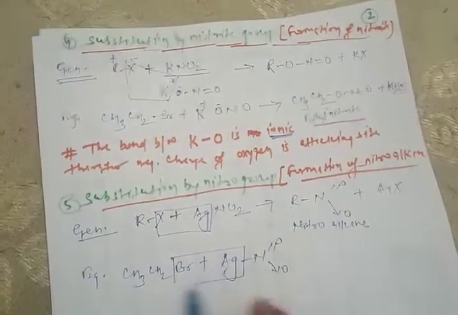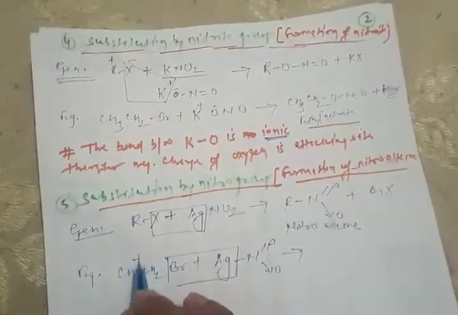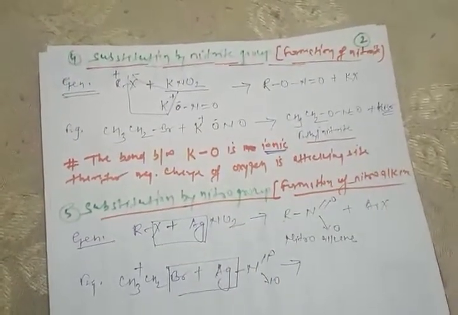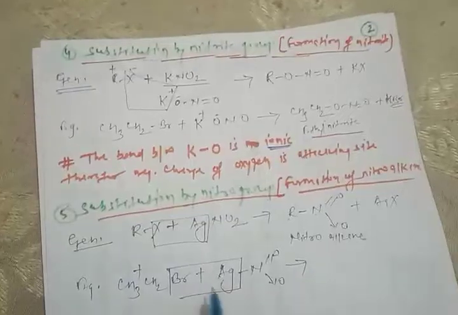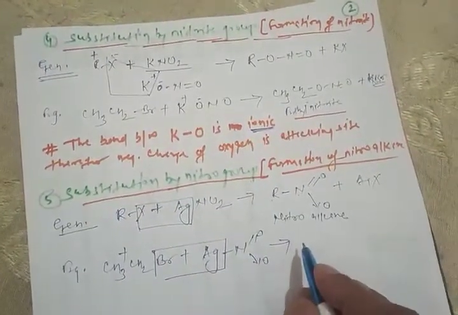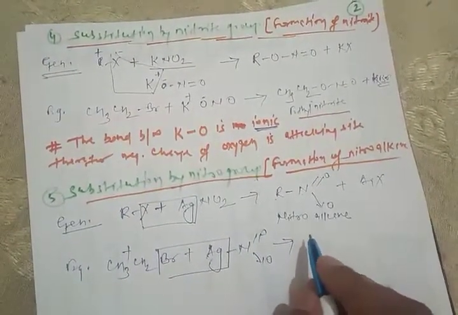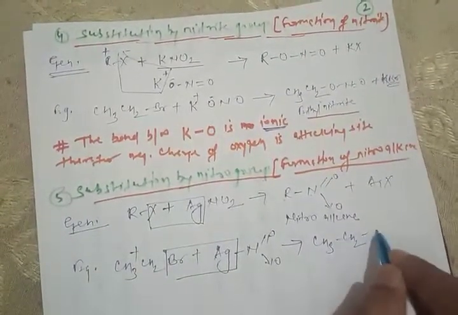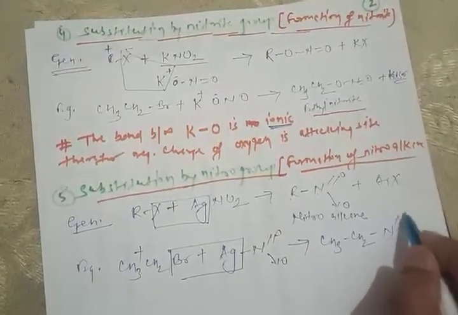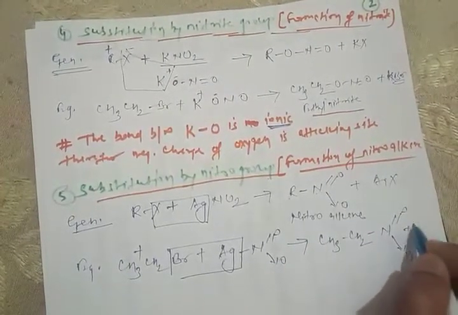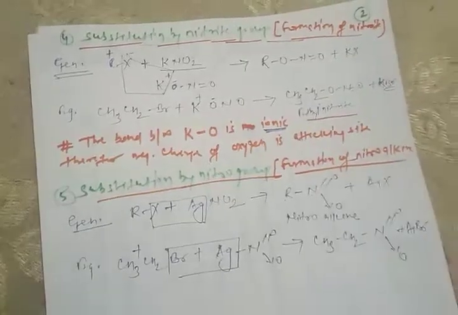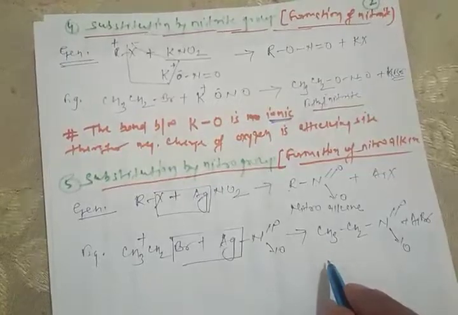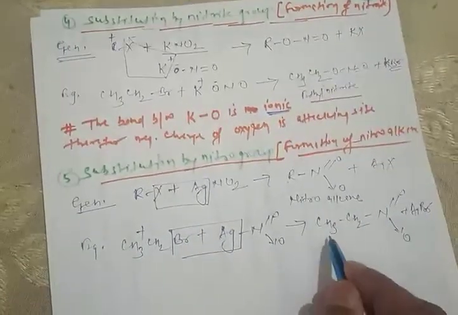This will form AgBr, and this will certainly give CH3CH2 with N double bond O, plus AgBr. So what do we get here?